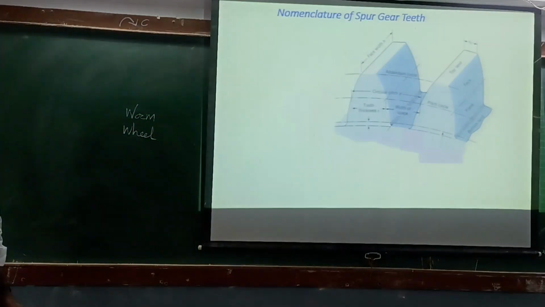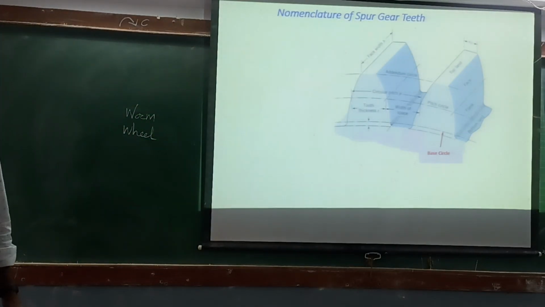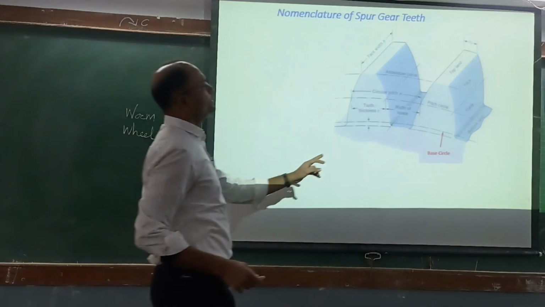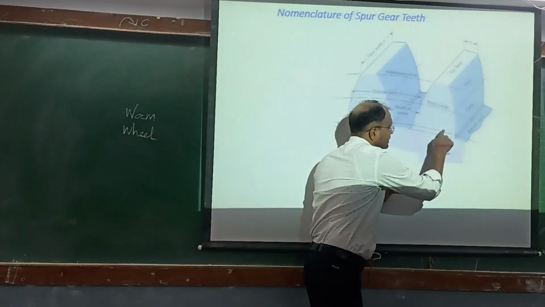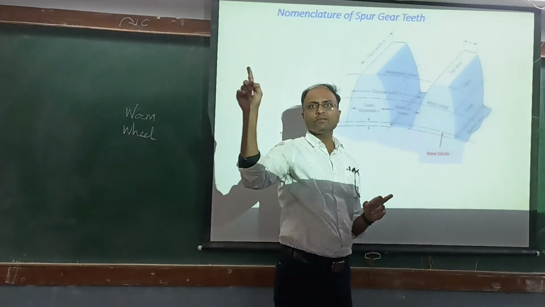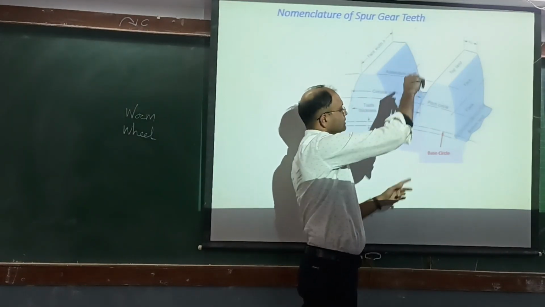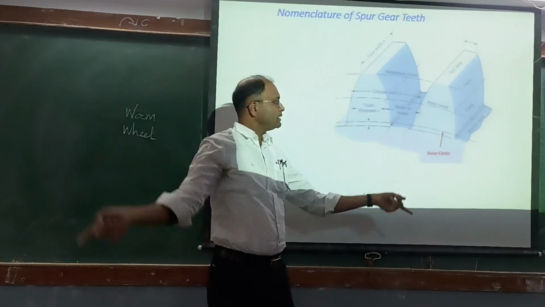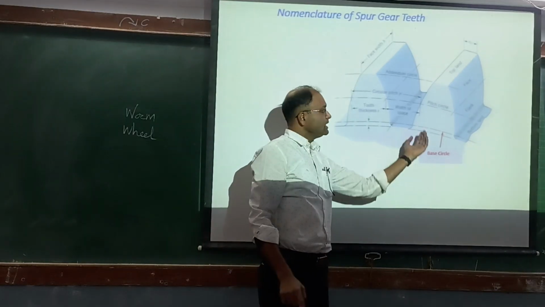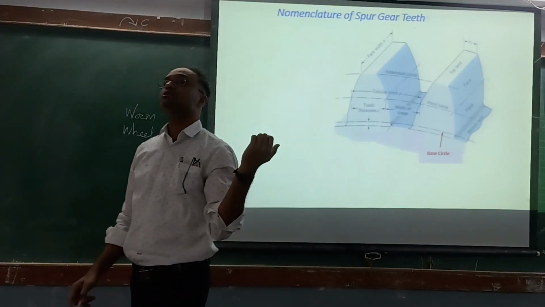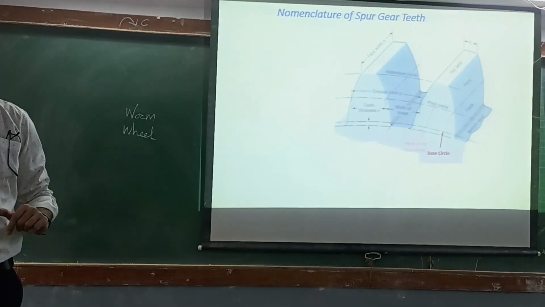In another diagram, I think the thing will be more clear. The point up to which the other tooth gets engaged, up to that point the circle is called the base circle. Below this there is one more circle, that is called the root circle.